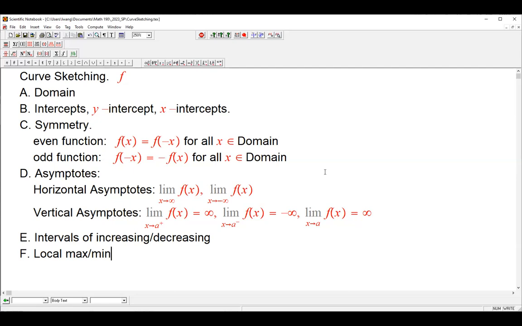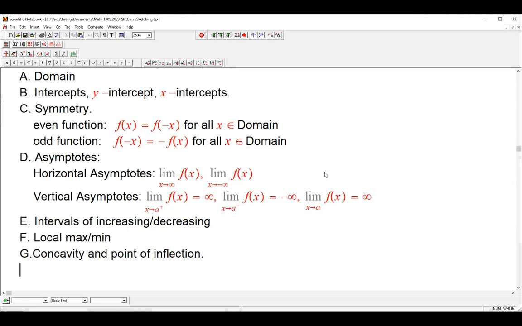Local max, local min, and G, we can certainly use the second derivative test and concavity using the second derivative and points of inflection. So we've learned these concepts recently. And last but not least, we can sketch the curve.